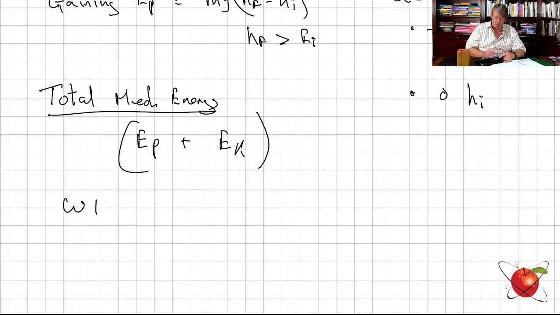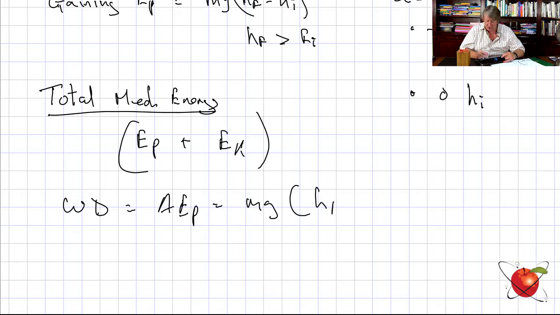Okay. Now, if I'm thus moving up, can you see that the work done is the change in potential energy, isn't it? So let's look. Work done is equal to change in EP, which is going to be mg times H final minus H initial.